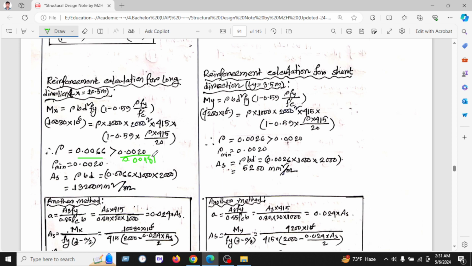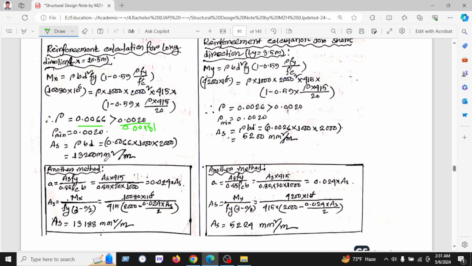In another slide we found the minimum reinforcement 0.00018. But especially in bridges, we have found 0.0020. Okay, so minimum reinforcement is 13200 millimeter square per meter.